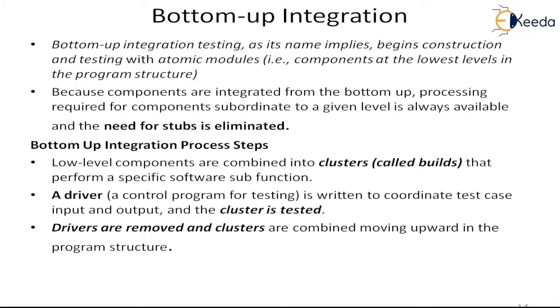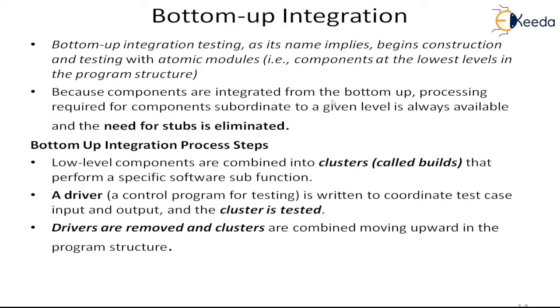So bottom-up integration is more popular. As the name implies, it begins construction and testing with atomic modules. So it starts with the lowest level module and keeps extending the integrated system from bottom to the top by moving into those paths.